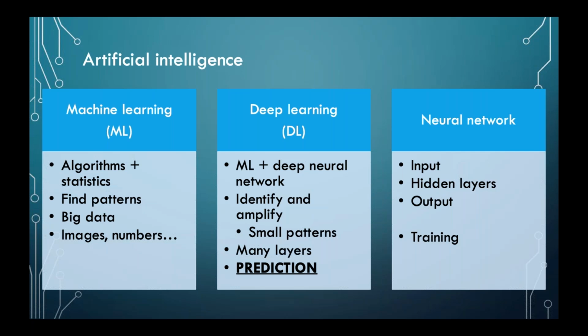So neural networks, part of deep learning. They're using inputs. We have some sort of input. We have these hidden layers, which is where these nodes take place and they make a decision with weights. And then from those weights comes an output. We can train these neural networks.